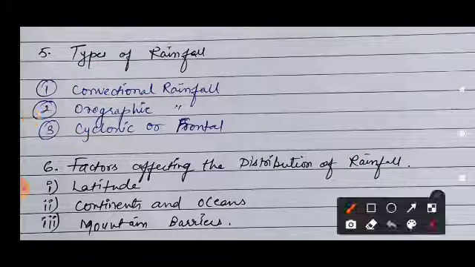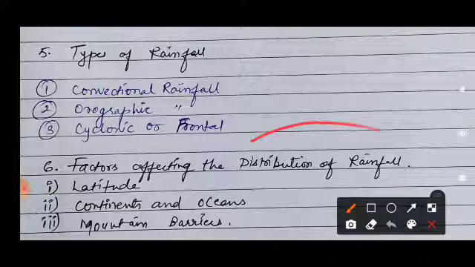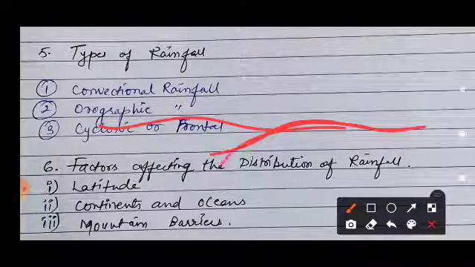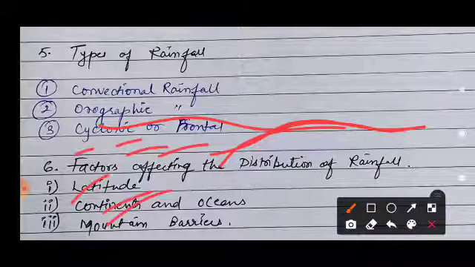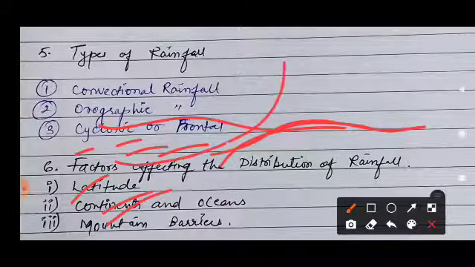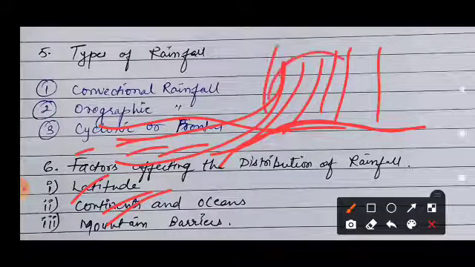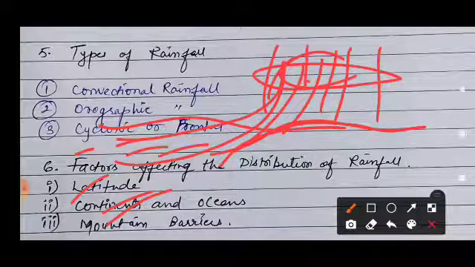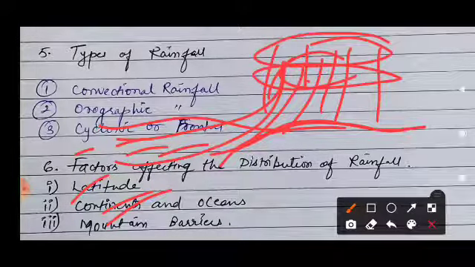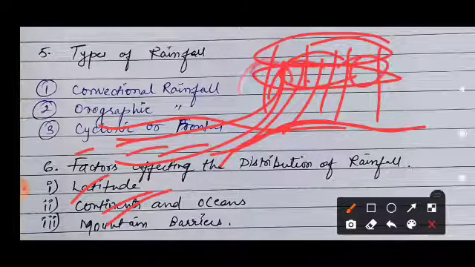Now see what will happen. This is the land area and this is the sea area. When the warm air rises up with its moisture, and goes to a particular height, it undergoes condensation and starts forming clouds.